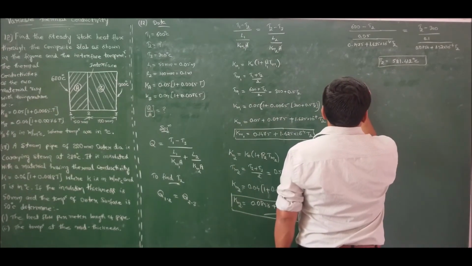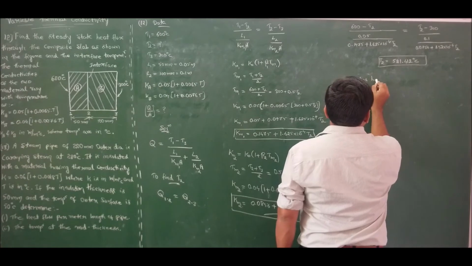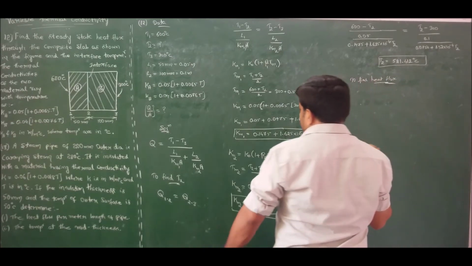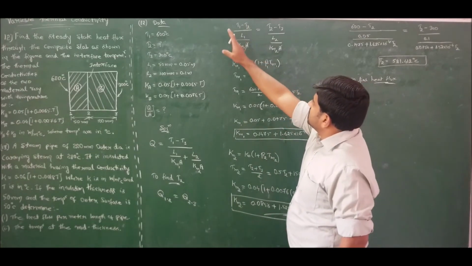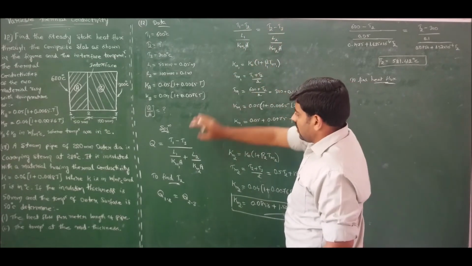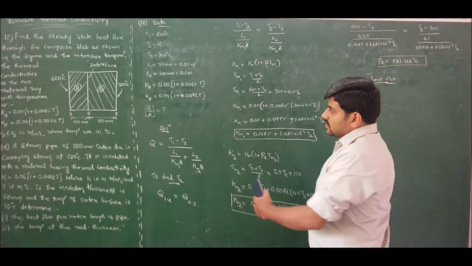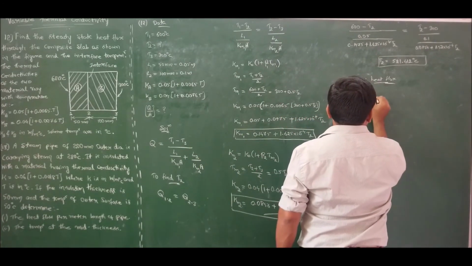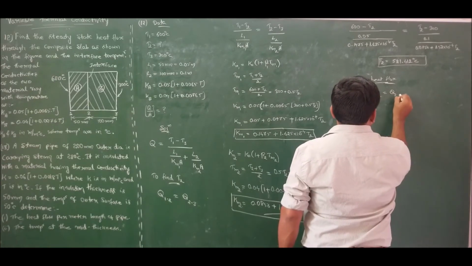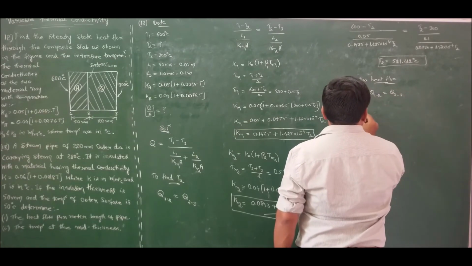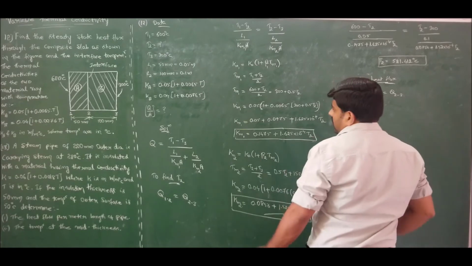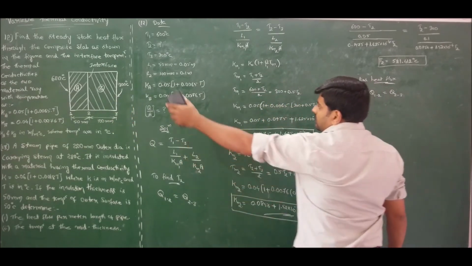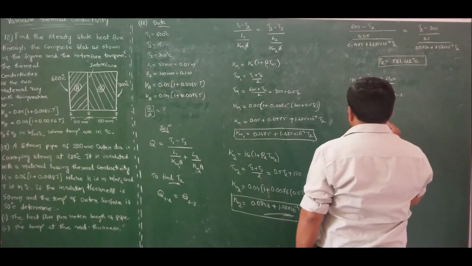Now to find the heat flux, I can use only the LHS of this equation, the RHS of this equation, or this equation. Since for steady state Q is constant, Q1 to 2 is equal to Q2 to 3, I can find it by taking overall, or for slab A, or for slab B. Let me take only slab A and solve, which is easier for me.